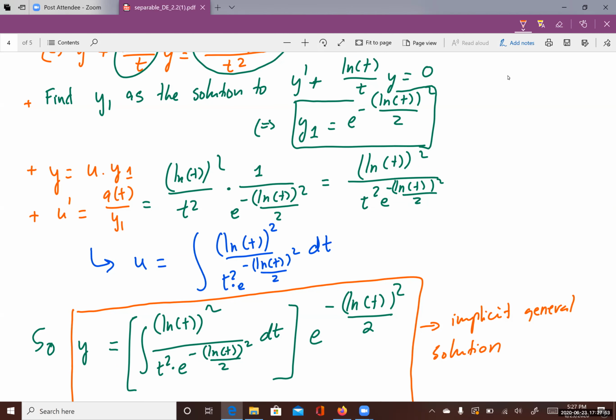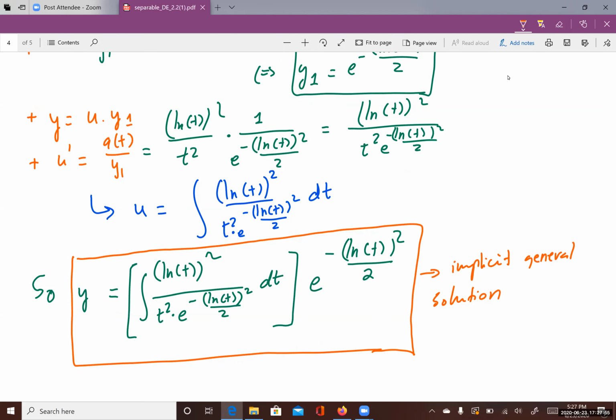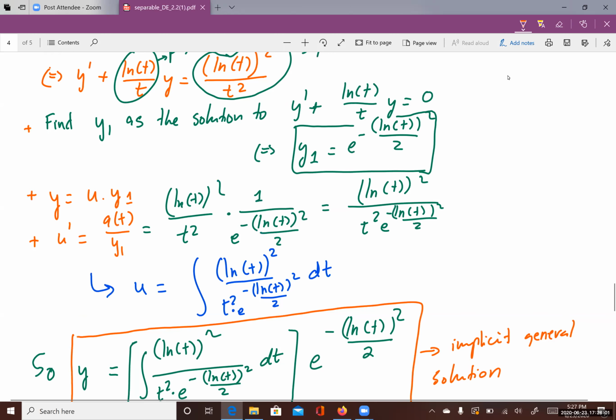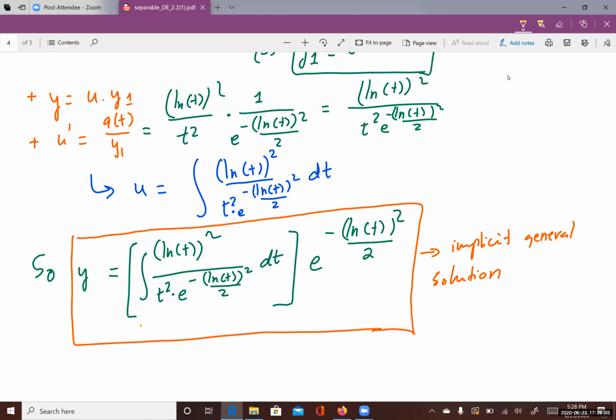And again, this is an implicit general solution to this differential equation right here. Just want to point out that this is u that you found, and this is y1, and this is y.